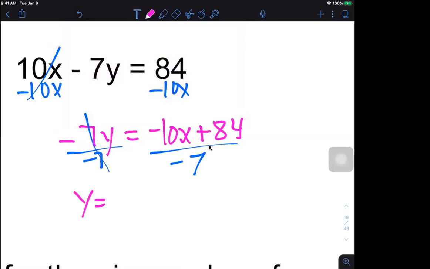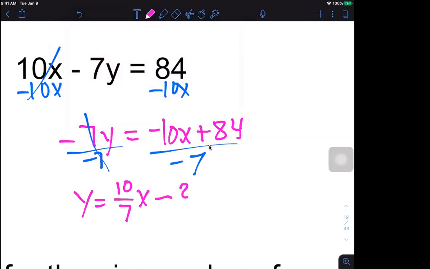And then now we're going to have to do a little bit of math. We have negative and negative. That gives us a positive. So we're going to have 10 over 7, and again, that's a positive because we have 2 negatives there. We also have a positive 84 divided by a -7. So we're going to have addition or subtraction here? Subtraction. Perfect.